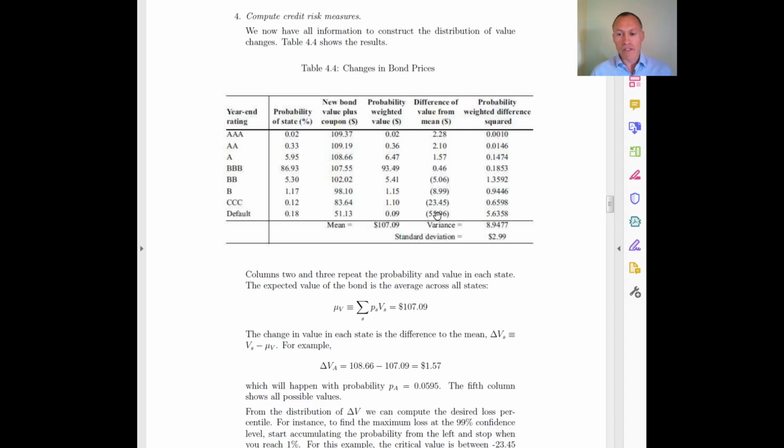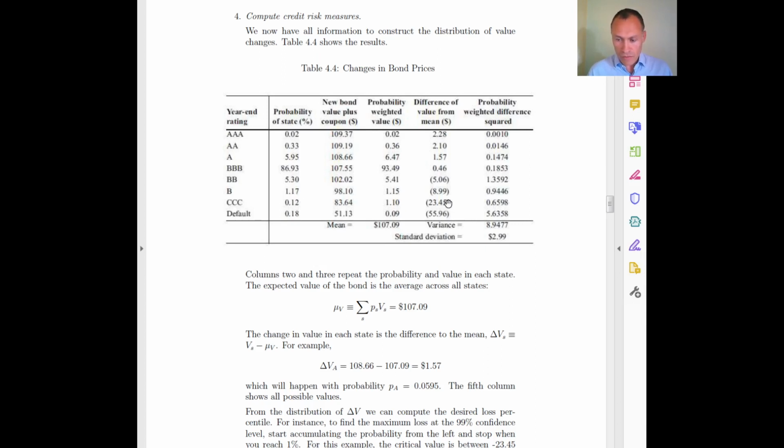So let's say I want a 99% value at risk, meaning I want a loss that is only exceeded in 1% of the cases. To get this value, I would start adding up the probabilities until I get to 1%. So 0.18% is not enough yet, so this is too much. 0.18 plus 0.12, that's 0.30%.